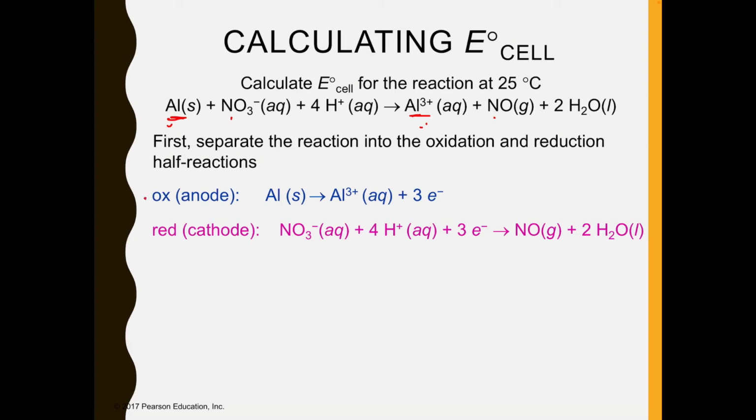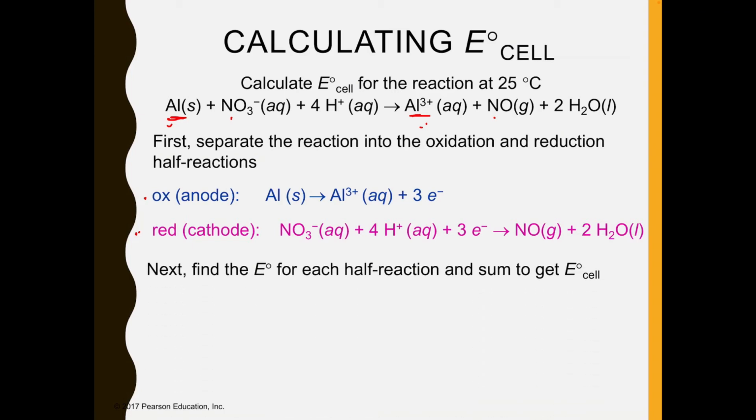So our oxidation is happening at the anode, our reduction is happening at the cathode, just like we've talked about before. So we can look up our reduction potentials for each one of these. Now remember, they are written as reduction potentials, not as oxidation potentials. But here we're going to need the oxidation potential for our aluminum because it's being oxidized. So we're going to take the negative value when you look it up.